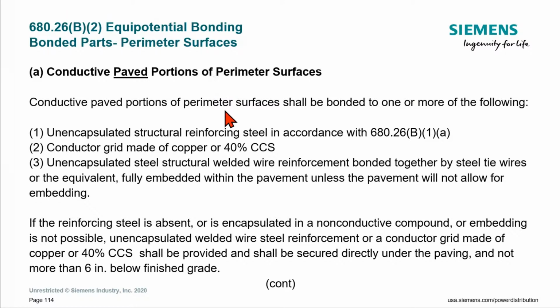Paved portion. Okay, now we're going to get into the different allowances around it. So far, the code is kind of telling us we have to do something up here. It told us we have to do something for the perimeter surface and tie that something to the conductive shell. Now it's driving a little deeper, and this is fairly new on how this is structured, where we go into certain requirements when we have a paved perimeter surface, whatever that paving may be, concrete, pavers, and then we've got other requirements.